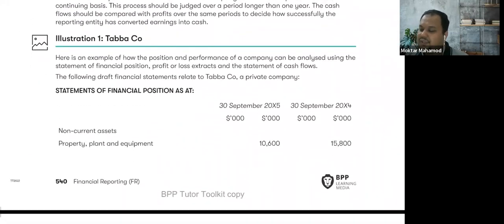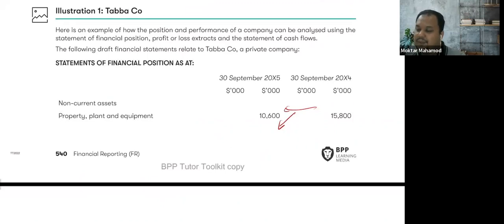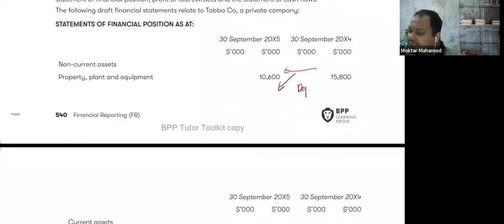So you need to look at it one by one. Between year 4 and year 5 there is a tremendous, significant reduction in property, plant and equipment. Is it due to the depreciation? Is it due to the revaluation loss? Is it due to the disposal of assets? So this one you need to reveal from the information given.